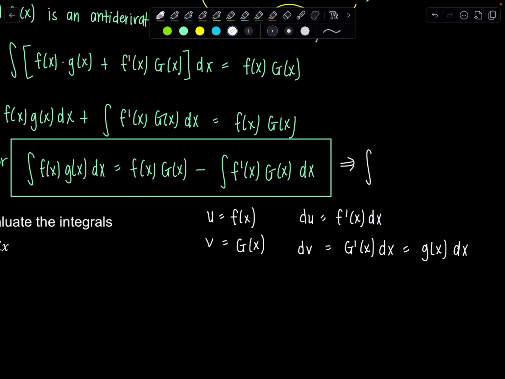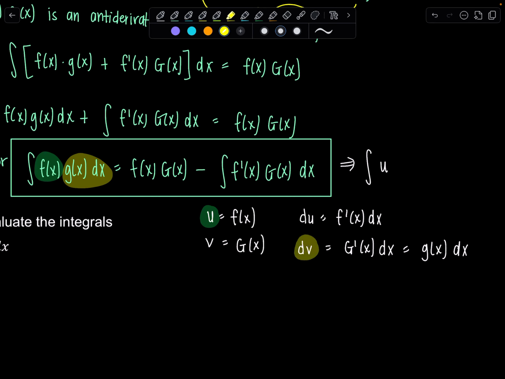Let me walk you through it. u is f of x, so you have integral u. And then lowercase g of x dx, who's that? That's dv.